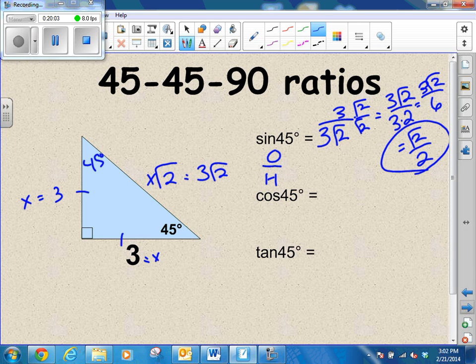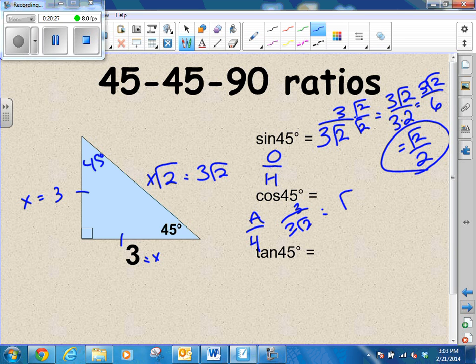Now, without even doing any calculations, what's cosine going to be? Not opposite. Adjacent over hypotenuse. So what is it going to be? It's the same thing. It will be 3 over 3 radical 2, but isn't that what I just did for sine?